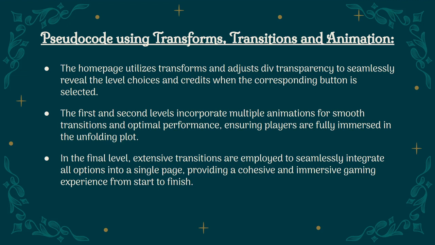For the first two levels, we incorporated multiple animations for smooth transitions and option performance, ensuring players are fully immersed in the unfolding plot. And for the final level, we used extensive transitions to seamlessly integrate all options into a single page, providing a cohesive and immersive gaming experience from start to finish.